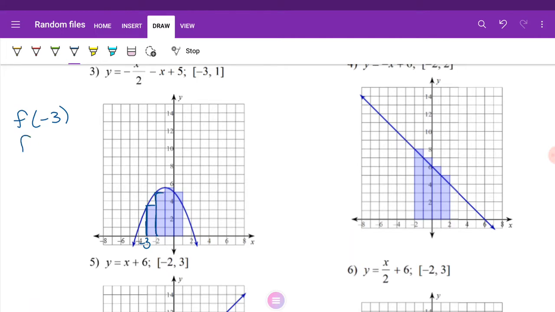Well, we're going to figure out what we get at -2. The next box is at -1. And the last box is at 0. Now notice we are going all the way to 1, but we're not going to use 1 because that doesn't make another box. That's not how tall a box is.